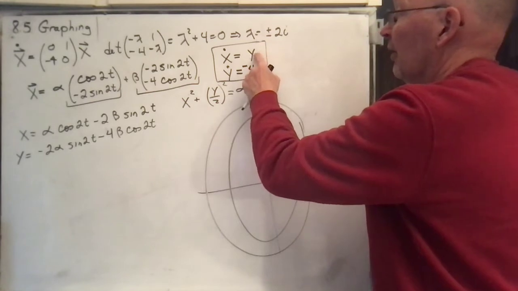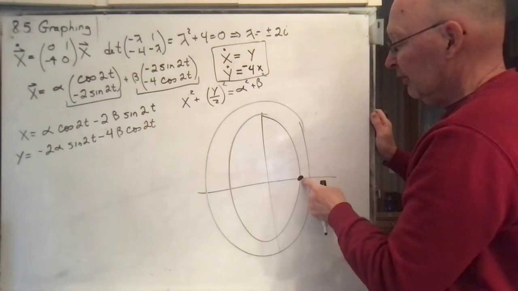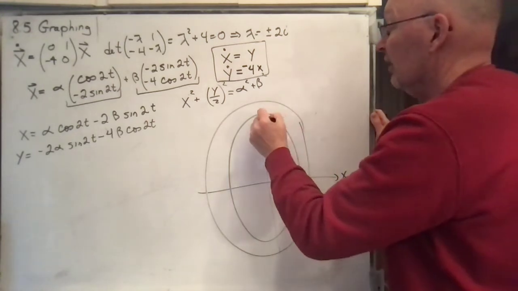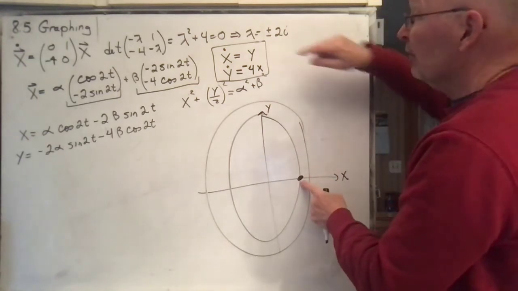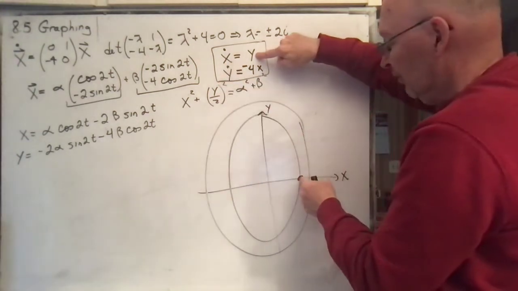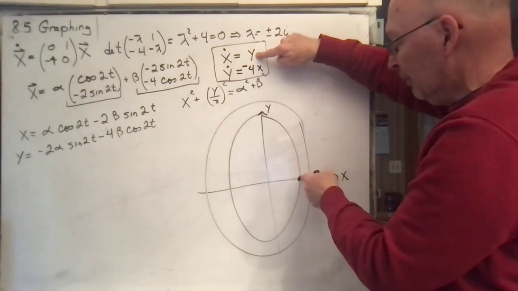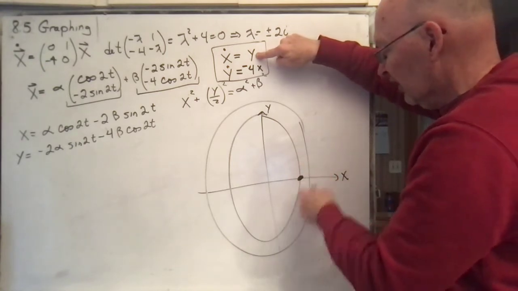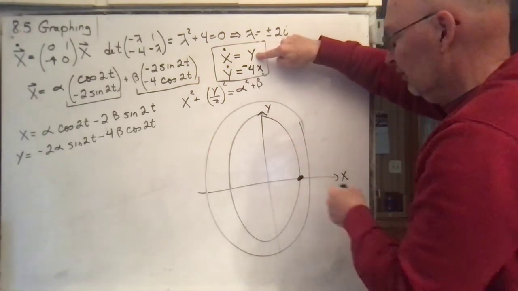I'm sorry, y is equal to 0, and x is positive right there, right? This is the x-axis. There's your y-axis. Since y is equal to 0, that means there's no movement in the x direction right at this point. Sure enough, if you're on this trajectory, you're not moving at that particular point. You are not moving in the x direction. As soon as you get over here you are, but right there, you're tangent, you're not moving.